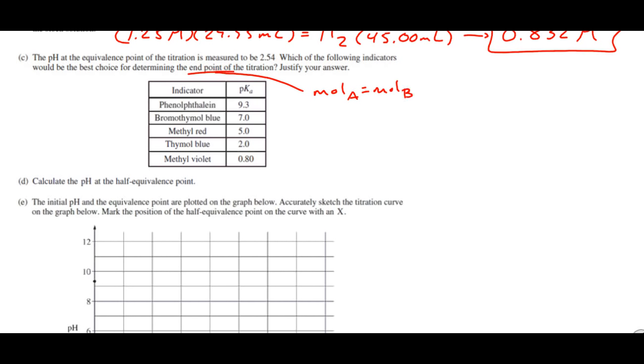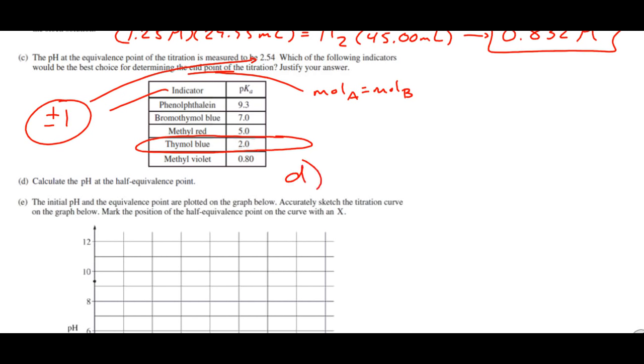The whole goal of the endpoint is that you want an indicator to be plus or minus 1 from that pH. So the only logical choice, because you want it around that range, is if the pKa is 2, that'll match up with the pH. I want thymol blue because it's at the same point that that color change is going to happen for the pH. So letter D leads us into that.